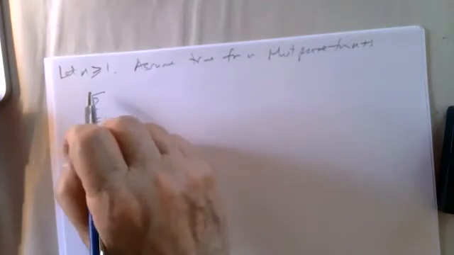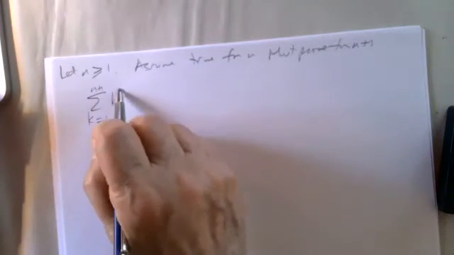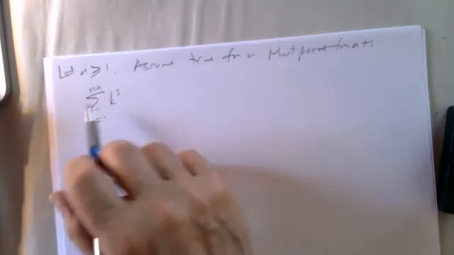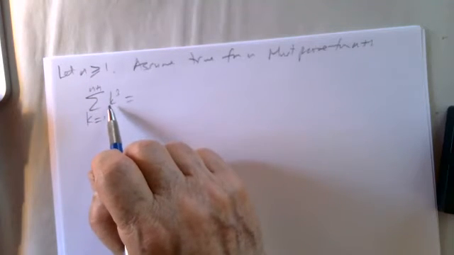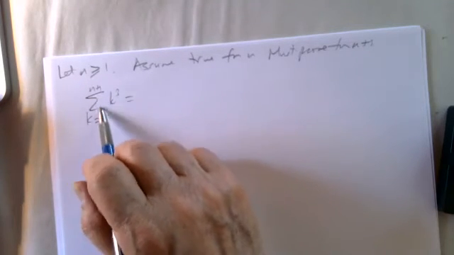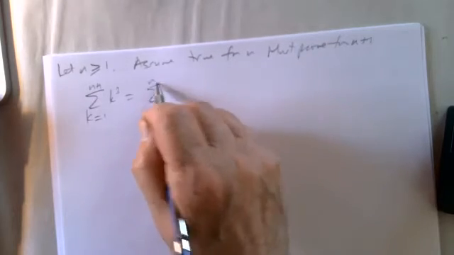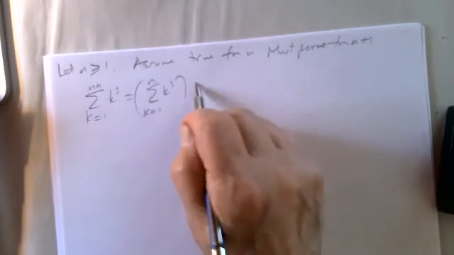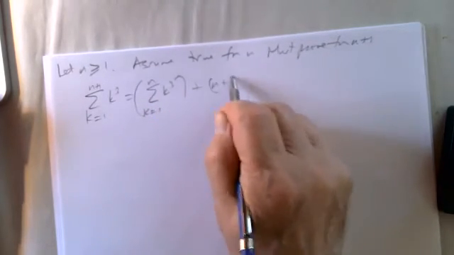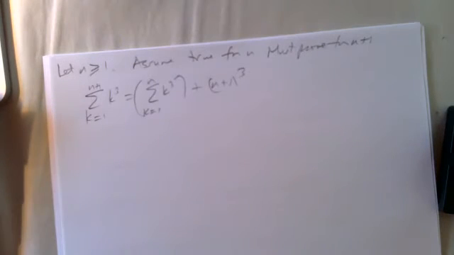So we take the sum from k equals 1 to n plus 1 of k cubed. That's the sum of all the cubes from 1 to n plus 1, which is the sum of all the cubes up to n plus the last cube, n plus 1 cubed.